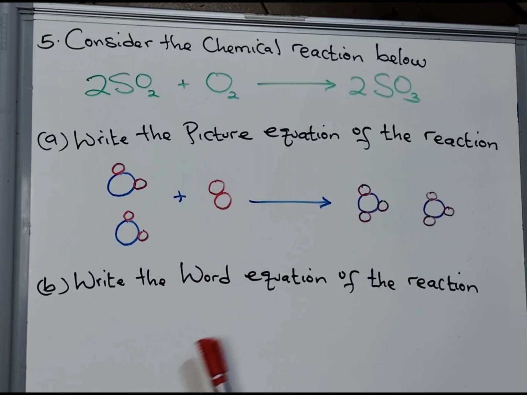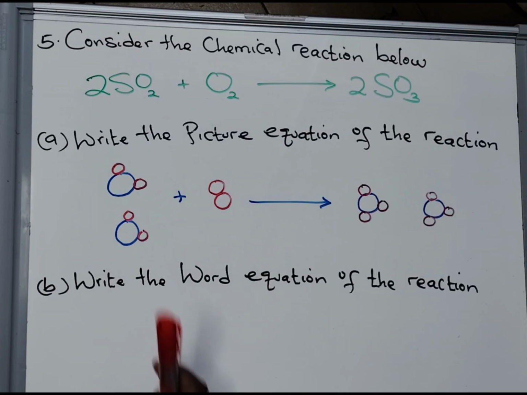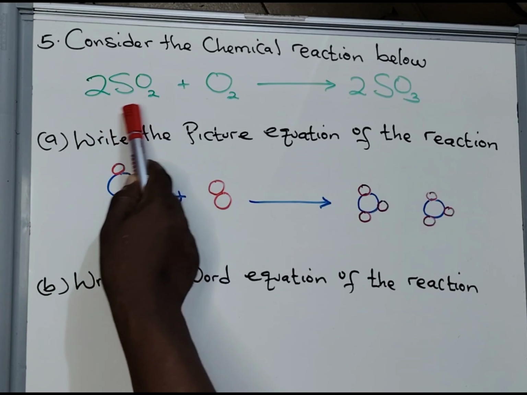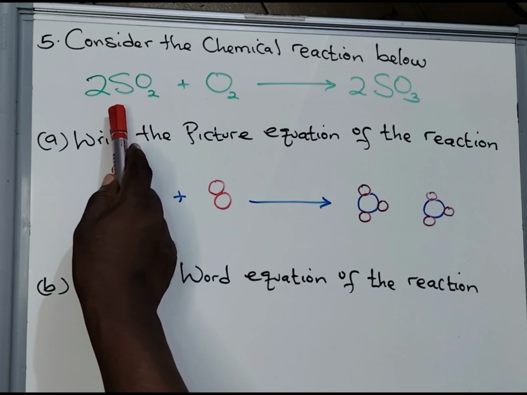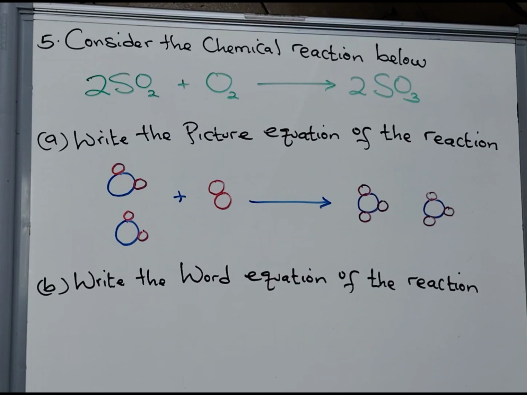Yeah, so comes this question. It says that write the word equation of the reaction. So this happens to be our reaction we are talking about. And we want the word equation. And how do we do this? So we start with our reactant here. This is sulfur attached to 2 oxygen atoms.